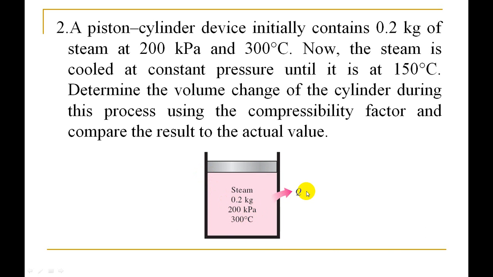Then there is some heat exchange between the system and the surrounding, so our system loses some heat. So due to this heat loss, the volume will reduce. So determine the volume change of the cylinder using 2 methods, the compressibility factor method and the actual, that means using table methods.